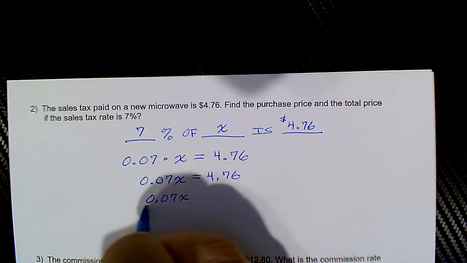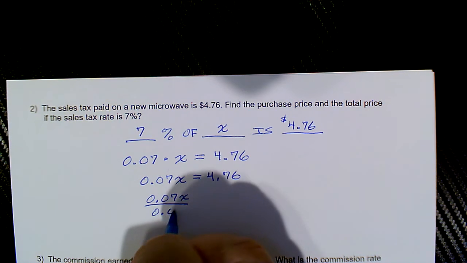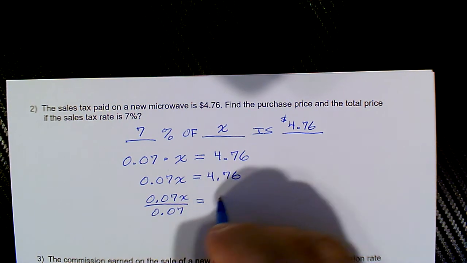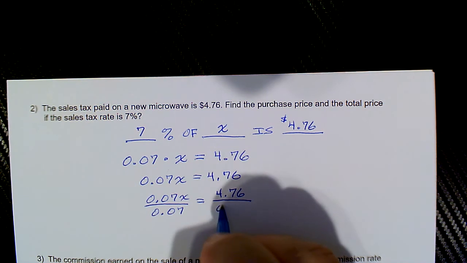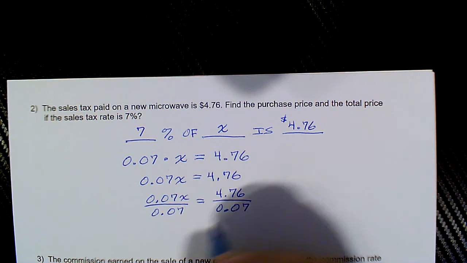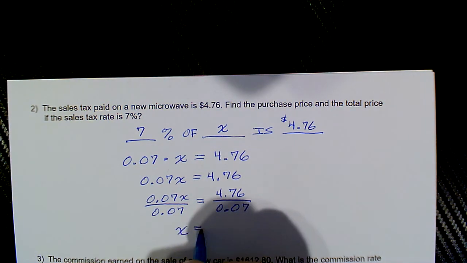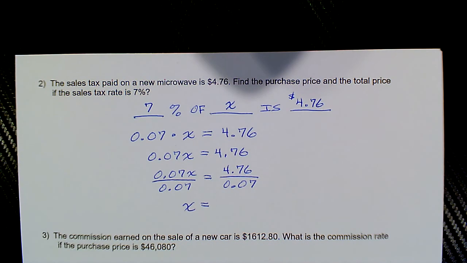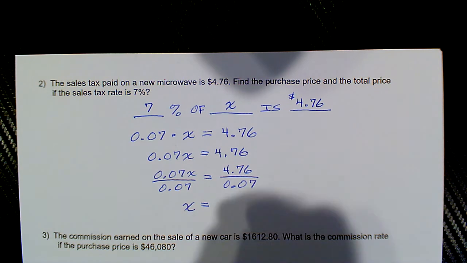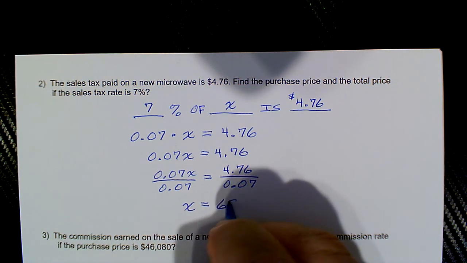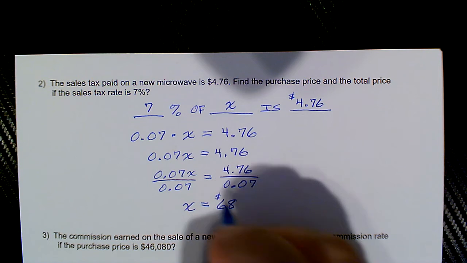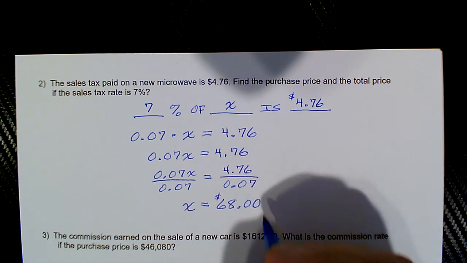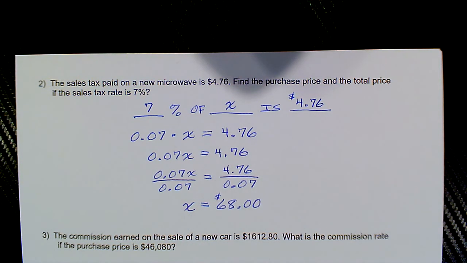And I know many of you are going to skip steps, and that's fine. But I'm just doing all this to make it clear. So we get x is equal to, use your calculator, 4.76 divided by 0.07 is 68. So that actually represents $68 to be the purchase price.